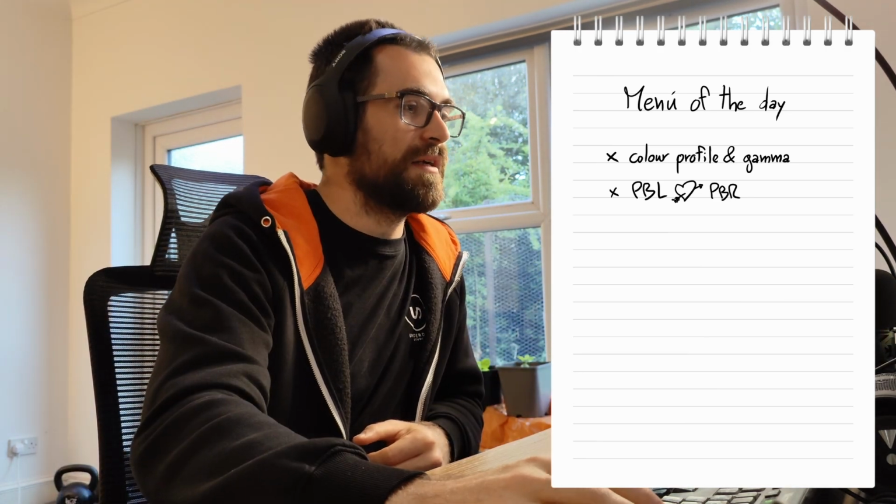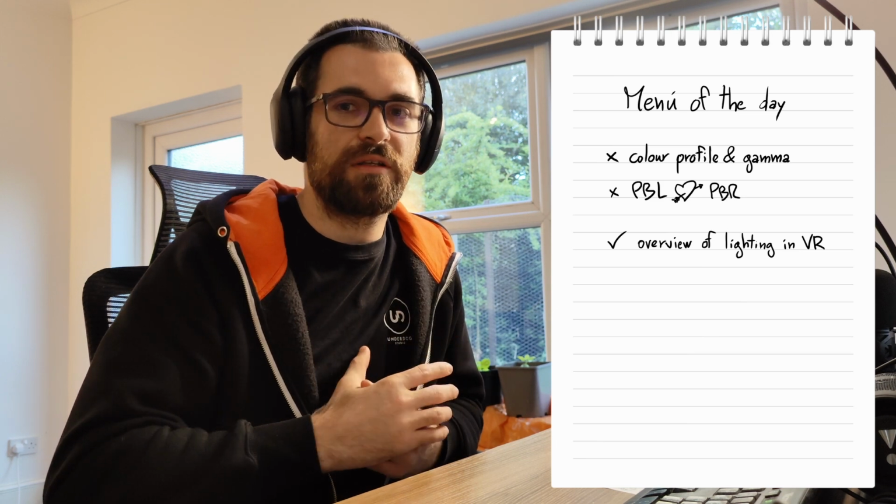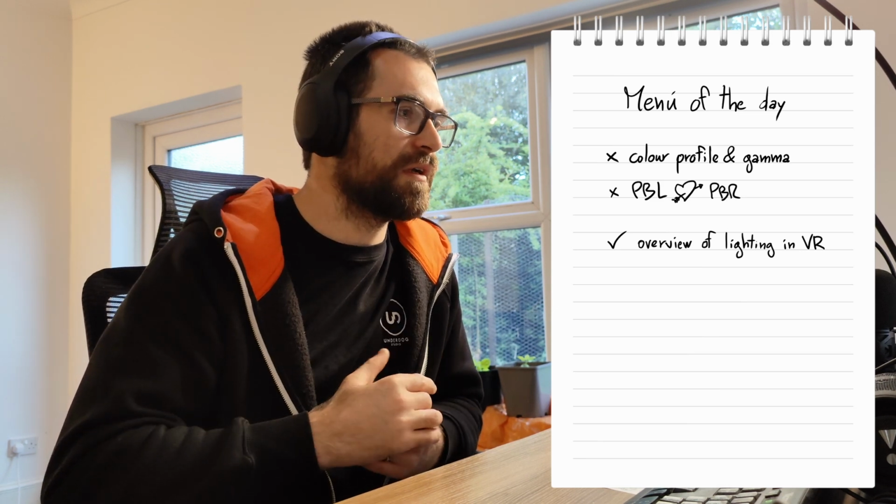What we will instead talk about is a quick overview about the lighting for VR and how it relates with the current tech that we normally work with in video games. What are the limitations of it and why we still have to work differently, let's say.